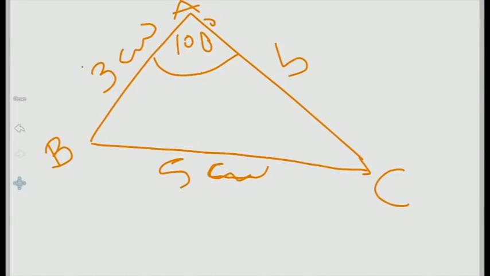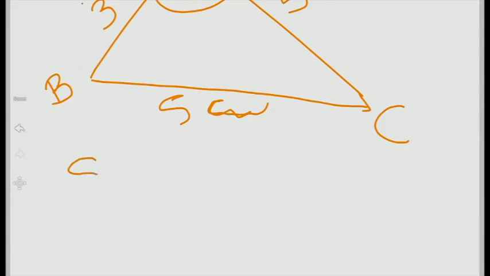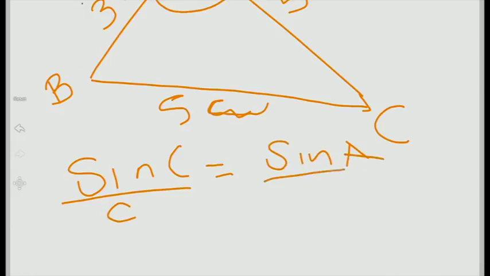We know the sine formula. The sine formula needs an angle with its opposing side. We have 100 degrees for angle A and side A, so that one is complete. So we can use sine A over A or A over sine A equals what? We have side C here. We do not have angle C, which means we can use that one. So you'll have sine C over side C equals sine A over side A. We substitute what we have.